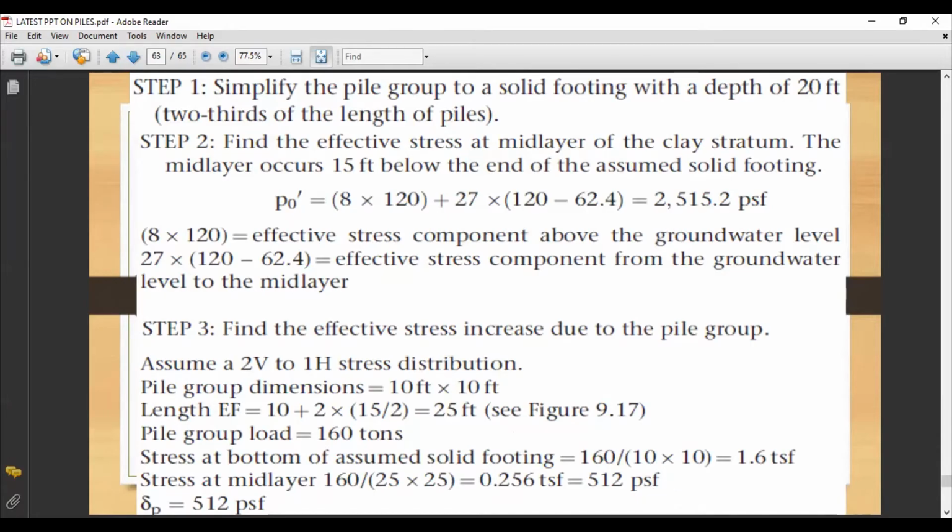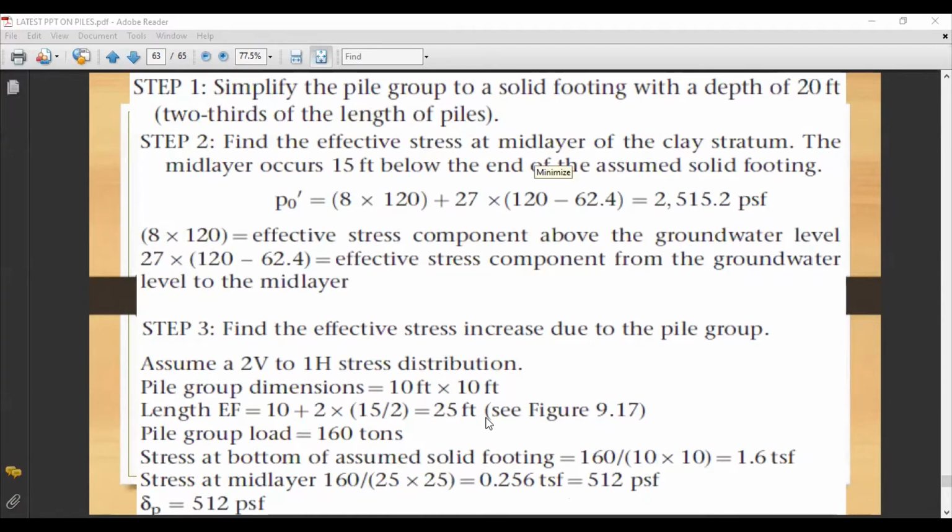No? What is this? I need the answers a bit quick. 160 divided by 7.5 multiplied by 7.5. What would be the answer? Hello? 2.84?